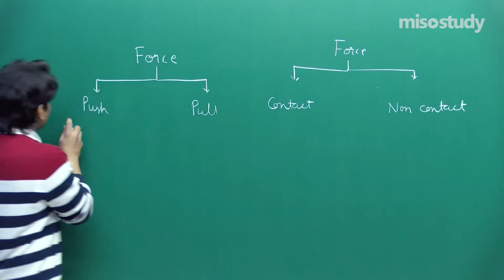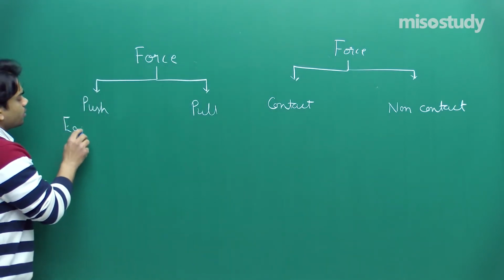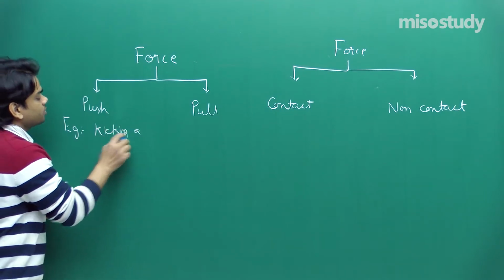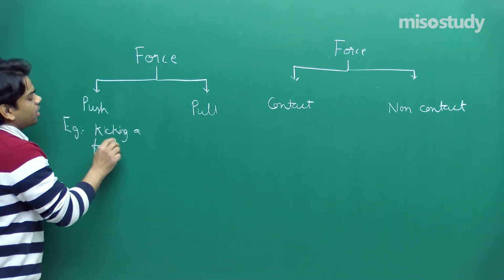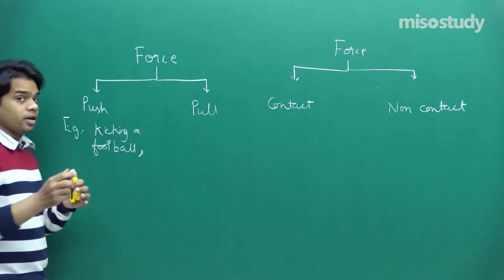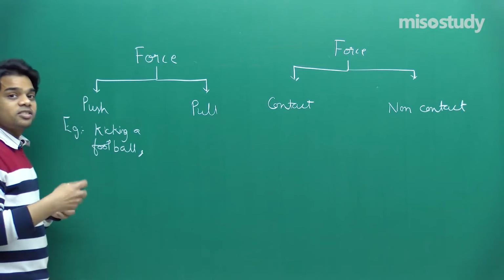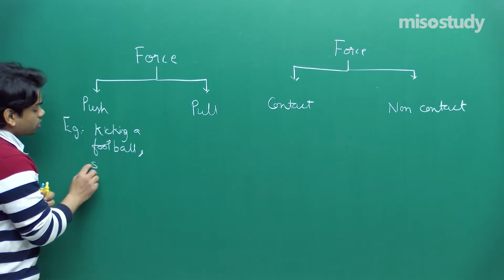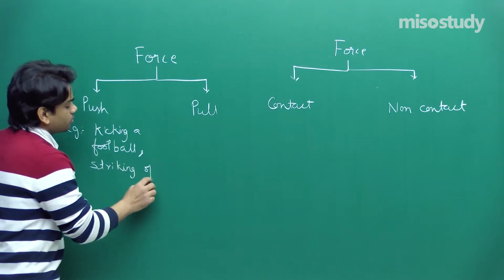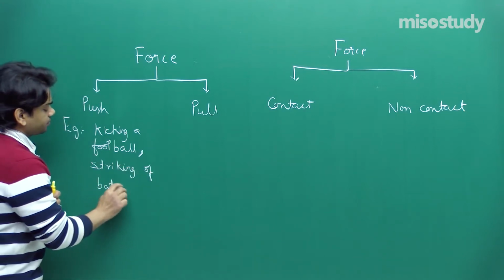Push effect example: kicking a football will exert a push effect. There are many. A cricket ball can experience a push effect by the strike of a bat. So striking of a bat on a ball will give us a push effect.